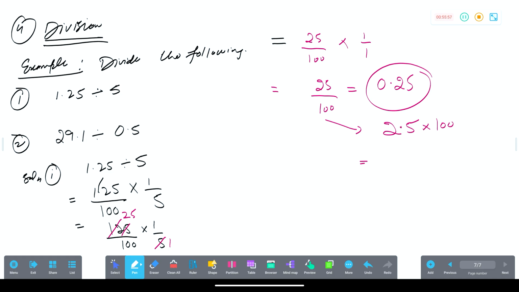You know that I can add 0. So it will be 2.50 into 100 will be 250 as it is, right? Because we are multiplying into 100. Now decimal point will move two places. 1, 2 यहाँ पे था, यहाँ पे cancel हो जाएगा. 1, 2 यहाँ पे आएगा. There is nothing after decimal point. So 2.50 into 100 is 250.